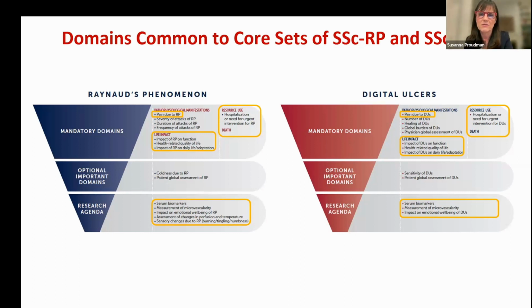And you could argue that maybe some of these could be collapsed a little bit further, but with more detailed definitions as to what they actually encompass, because we were also a little bit concerned about the sheer number of domains that remain in the mandatory domains. And we've not wanted to veer too far away from what potential domains were actually included in the Delphi, so that we are reflecting what respondents were actually scoring.